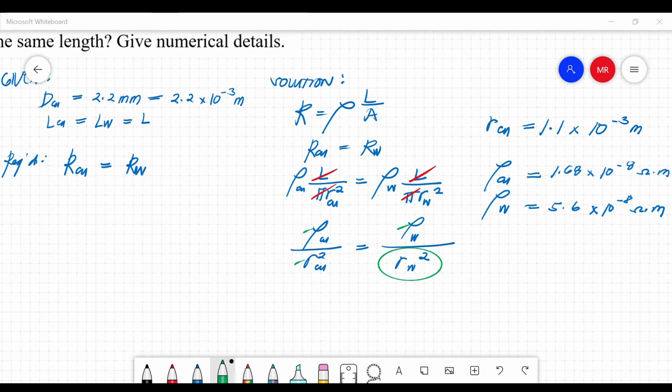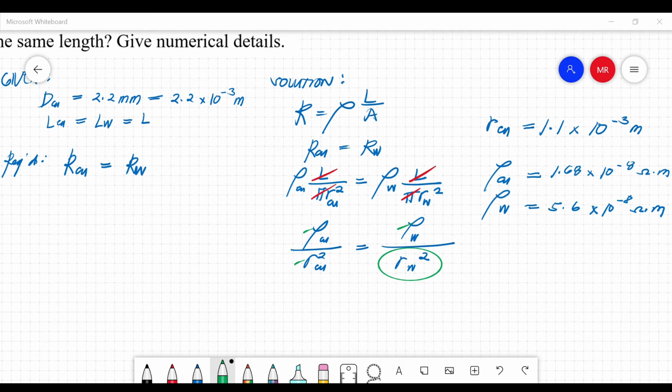Then we have 5.6 times 10 raised to negative 8 over x times alpha times x squared. Okay, shift solve for x.